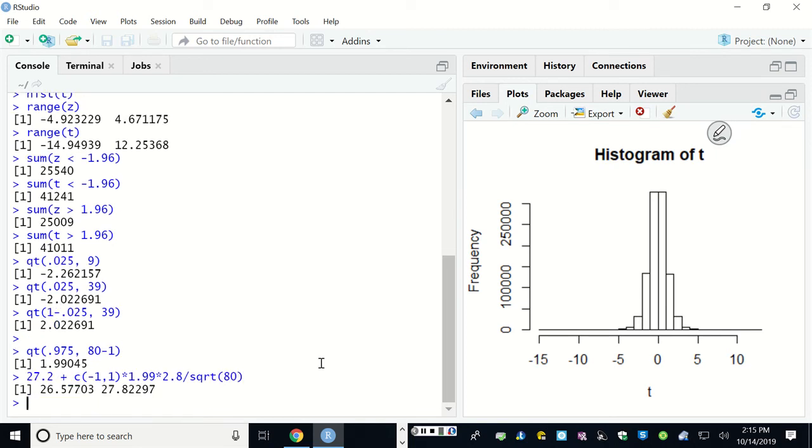You get that interval there, which does not quite cover. So if it's 80 at the same mean, and the mean hasn't gotten closer to 2.8, then it doesn't quite cover.